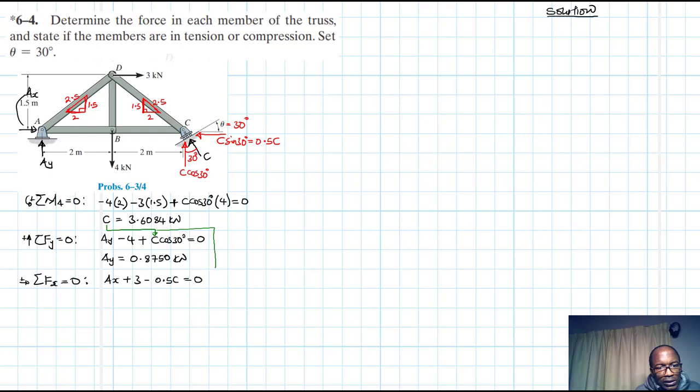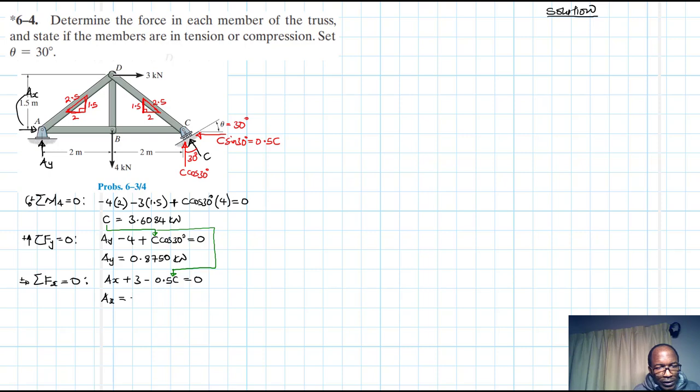We just replace C. Therefore we have AX equal to 3 minus 0.5 times C, which is 3.1684.